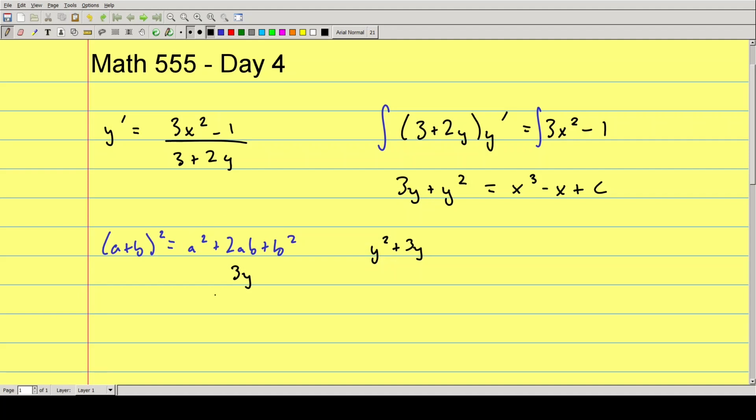So what I need to do is rewrite it to look like this: 2 times something times y. That means that b is 3/2. So to complete the square, we add 3/2 squared, and I'm not allowed to just add a number to the equation, so I have to subtract the same value. So I'm adding 0.